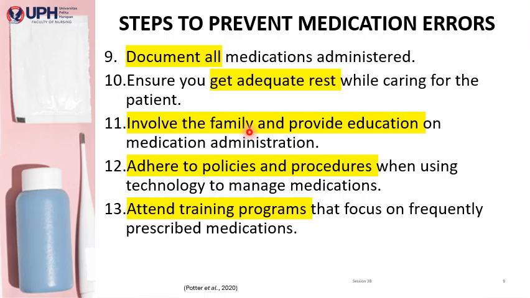You also involve the family and provide education during medication administration, and adhere to the policies and procedures, including the technology used in your facility to manage medications. There will also be training programs focusing on frequently prescribed medications at your facility, so make sure you join them so that you understand how to do it very well.